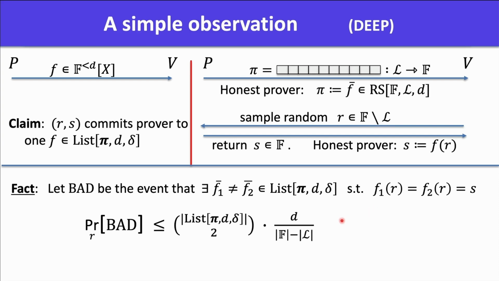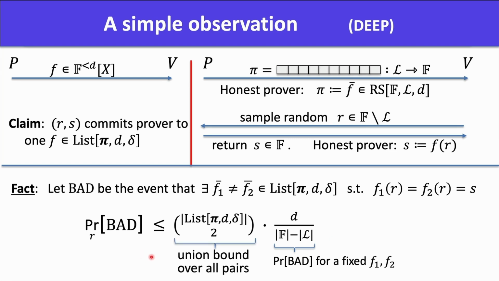And so if we choose one particular f1 and f2 in the list, they will both evaluate to s at the point r with probability at most d over the field size minus the size of L. They agree on at most d points, so the probability that r happens to be one of those d points is at most d over that. So now we can just union bound over all possible f1 and f2, and that gives us a nice bound on the probability of the bad event.